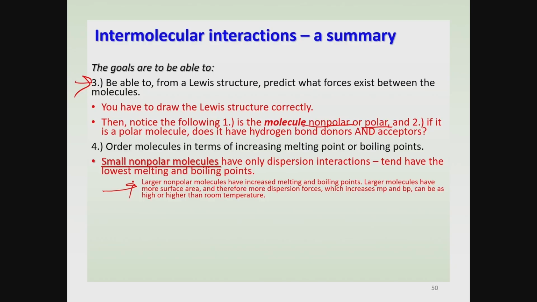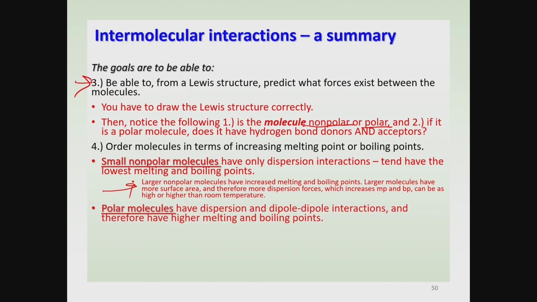If they have more surface area, there are more places where dispersion interactions can occur between the molecules. You can have a great number of them, and they will raise the melting and boiling points of the molecule. So large nonpolar molecules can have somewhat high melting and boiling points, but for test questions for this class, we're only going to be dealing with small nonpolar molecules.